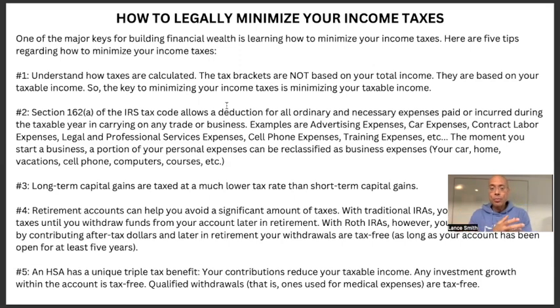Because when you start a business, a portion of your personal expenses can be reclassified as business expenses, because you can write off all ordinary and necessary expenses paid or incurred during the taxable year in carrying on any trade or business.